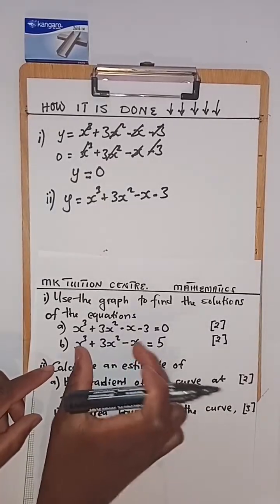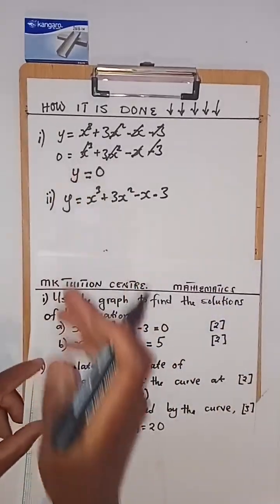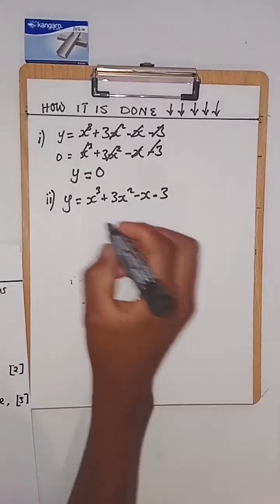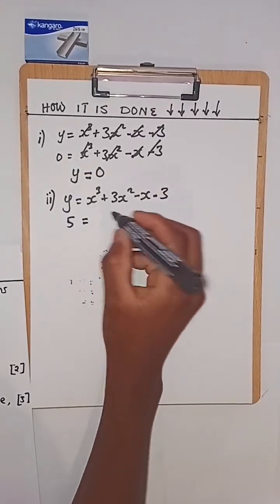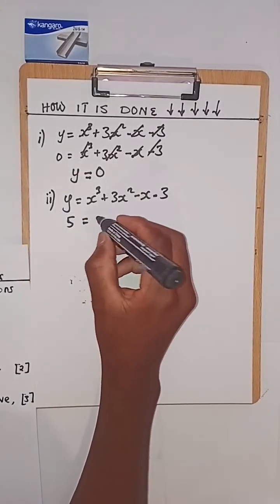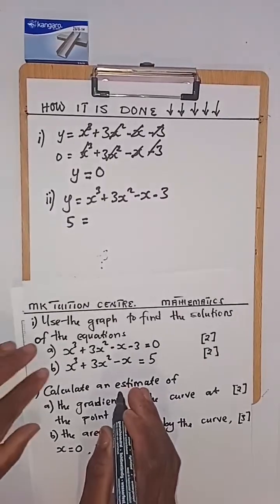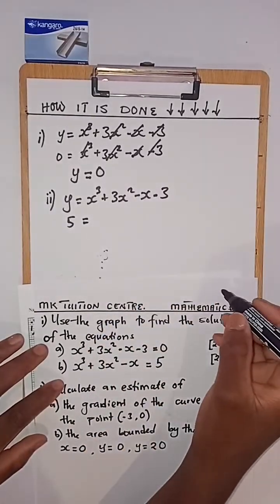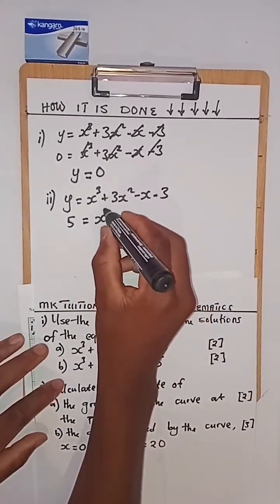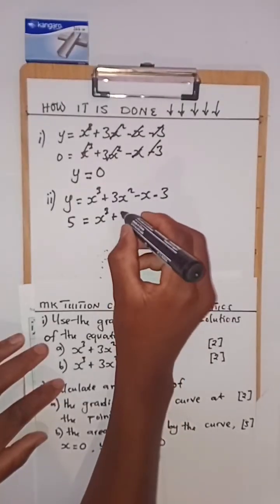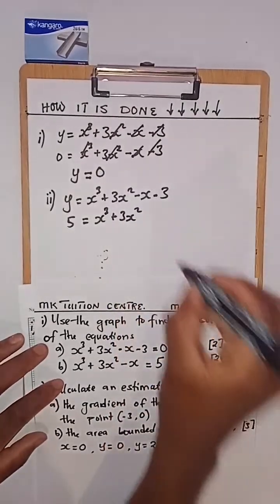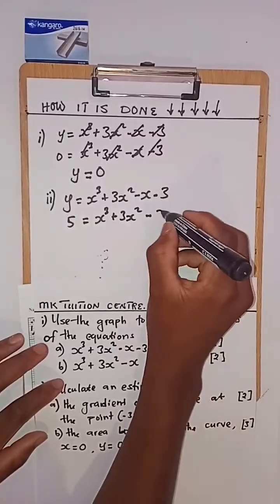So this part here will be here, the 5 will be this side. 5 is equal to x to the power 3 plus 3x squared minus x.